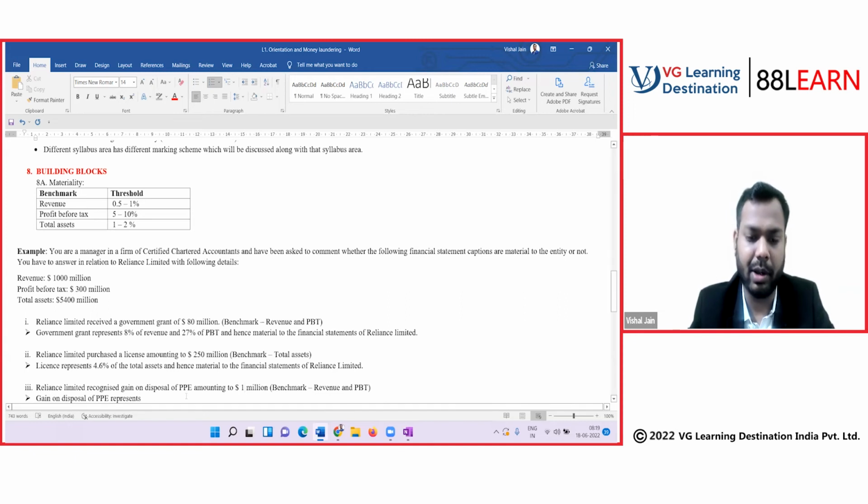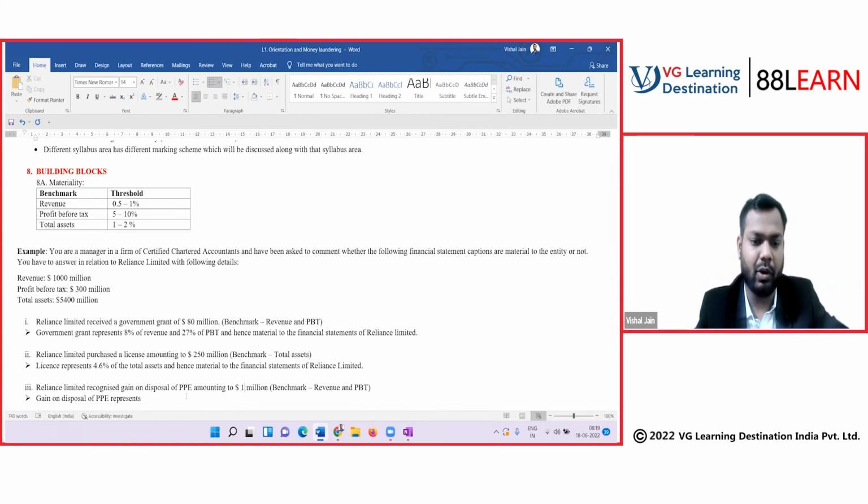So it is 1 divided by 1000 multiplied by 100, which is 0.1 percent of revenue, and 1 divided by 300 multiplied by 100 is 0.33, 0.34 percent of profit before tax.